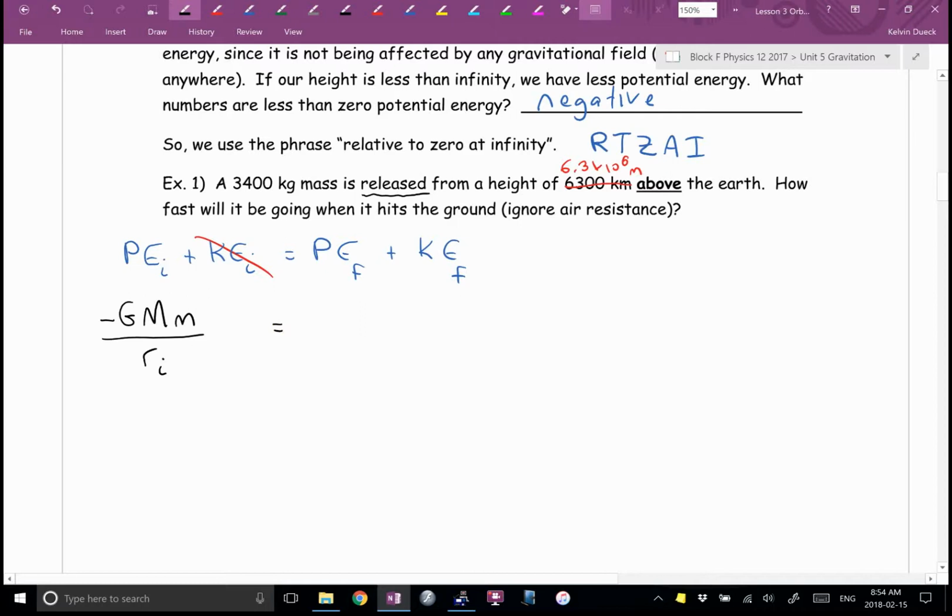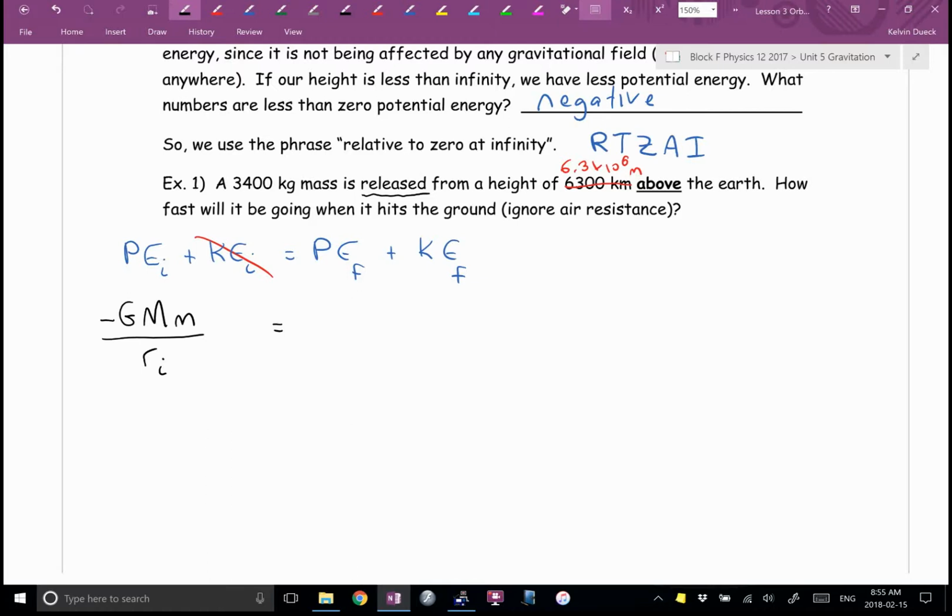Equals. My final potential energy is not 0. Wait a minute: we're on the Earth, but where is 0 in cosmic potential energy? Out at infinity. The only time you'll have no potential energy is if the question says imagine you're going to the edge of the universe. Are we using cosmic potential energy? Yes.